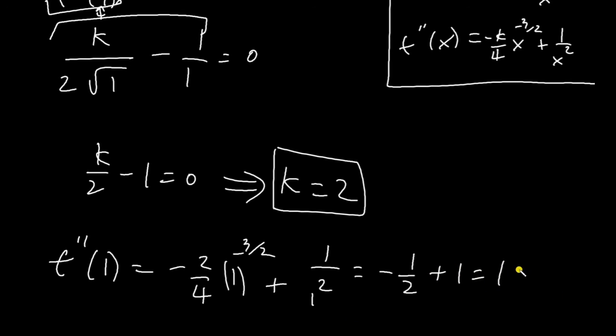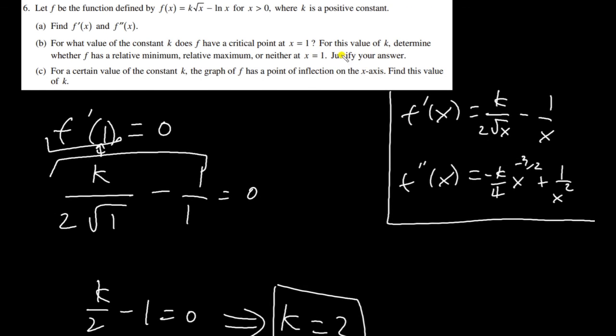Okay, 1 is obviously a positive number, it's greater than 0. And by the second derivative test, if the second derivative is greater than 0, so it's positive, then f has a relative minimum at that critical point. So at x equals 1, f has a relative minimum by the second derivative test, since the second derivative is greater than 0.